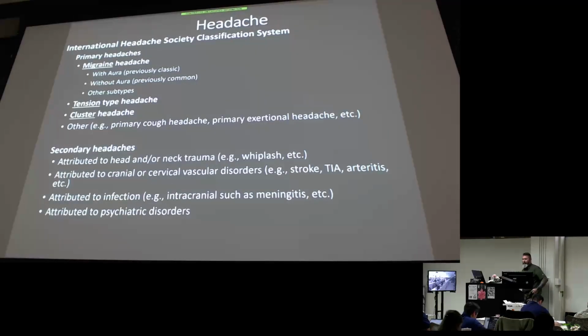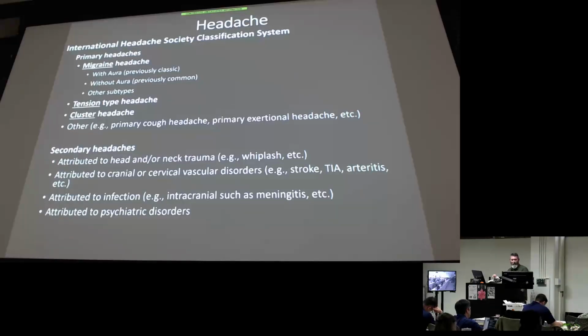So headaches, primary, are going to be your migraines, your tension, and your clusters. Migraines, we used to talk about classic versus common. Now we just say with aura or without an aura. We'll talk about what auras are, but it's some precipitating foreshadowing that a headache's coming, right? Changes in light, perception.